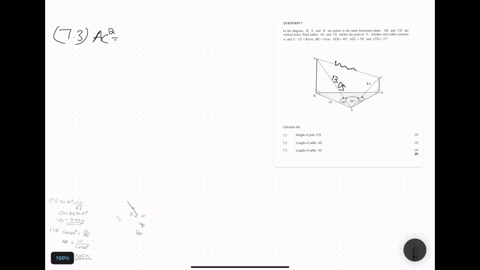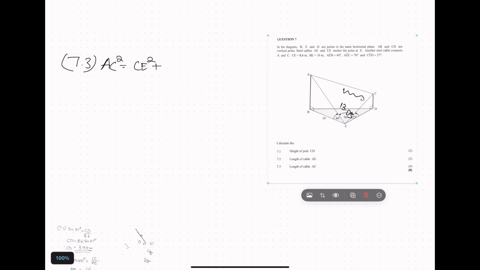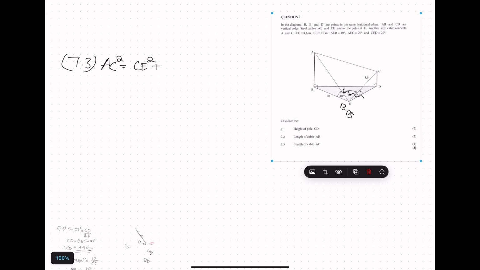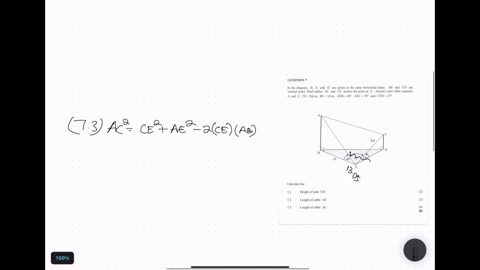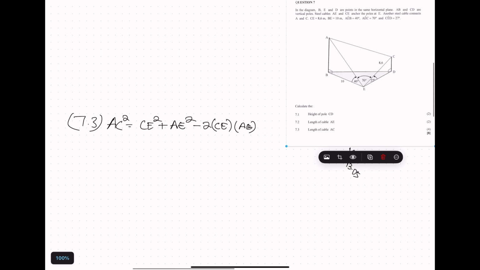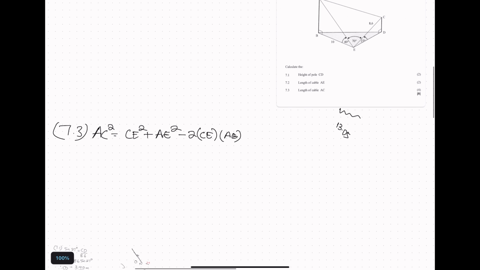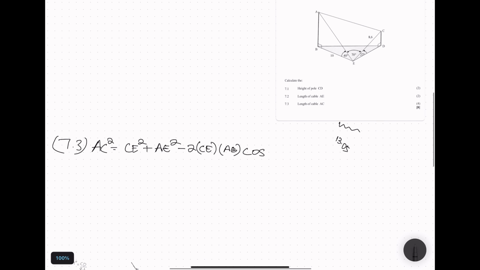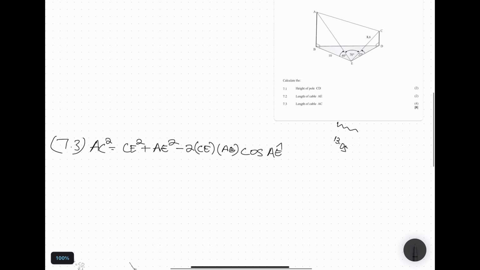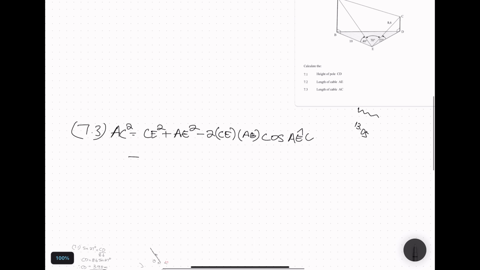So AC squared is equal to, this is the formula, CE squared plus AE squared minus 2 CE AE cos of the angle we are given, angle AEC, right?